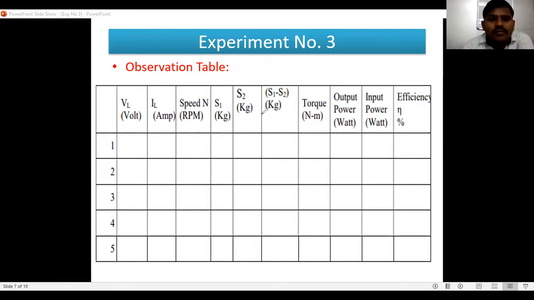Now we do the calculation S1 minus S2. After that we find the torque of the machine, equal to S1 minus S2 into drum radius R into 9.81.